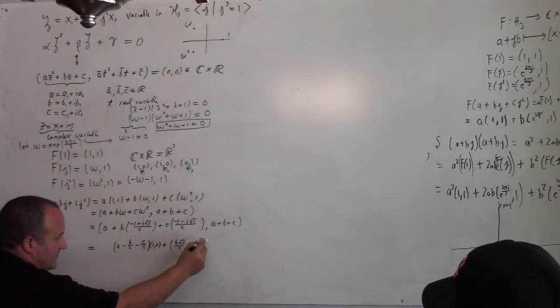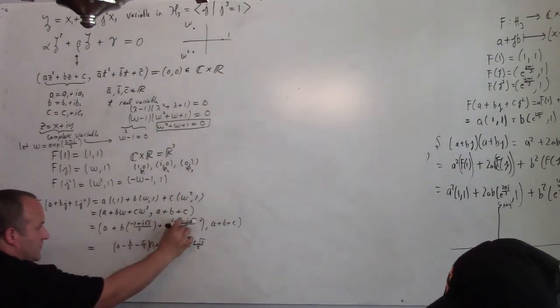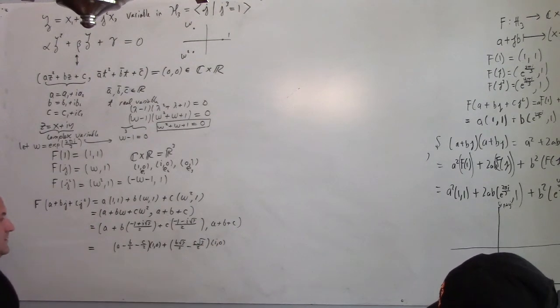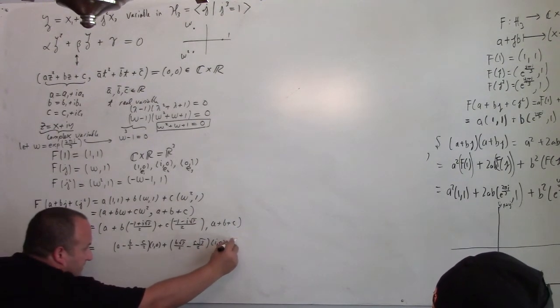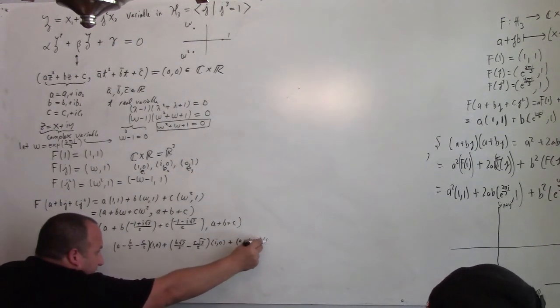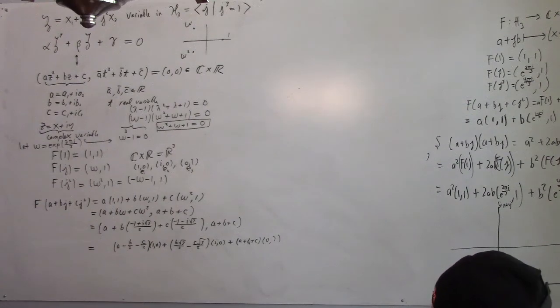That's it, in terms of imaginary parts, times i, 0. And then finally you got your a plus b plus c times 0, 1.